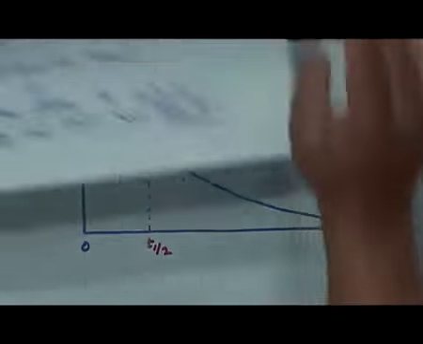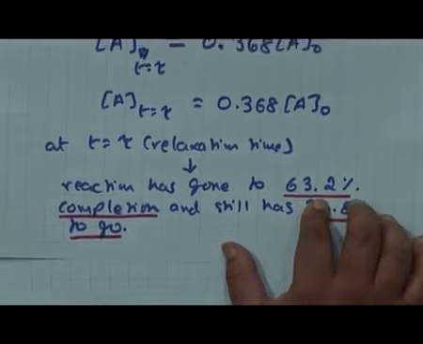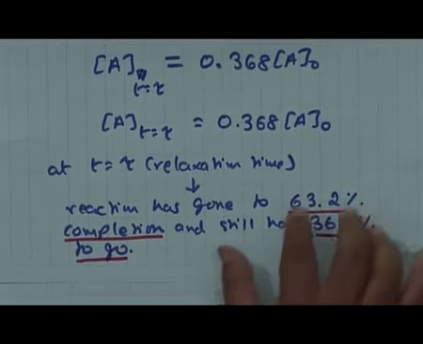I would decrease to about 63% of my initial value, that means the reaction has gone to the extent of 63.2%.